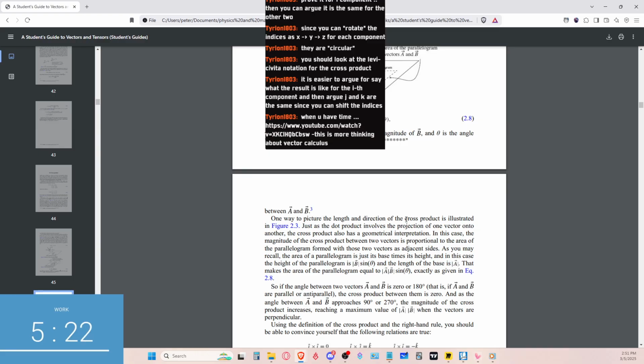One way to picture the length in this, we got the figure here. Just as the dot product involves the projection of one vector onto another, that one I remember, in this case the magnitude of the cross product between the two is proportional to the area of the parallelogram formed with these two vectors as adjacent sides.